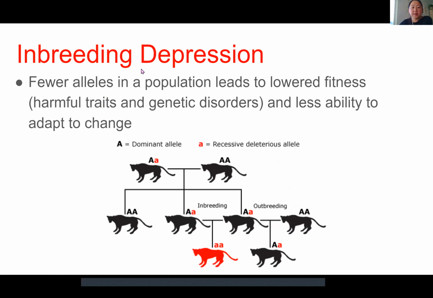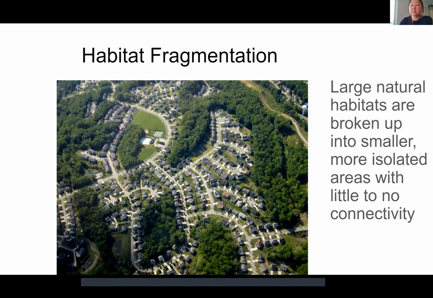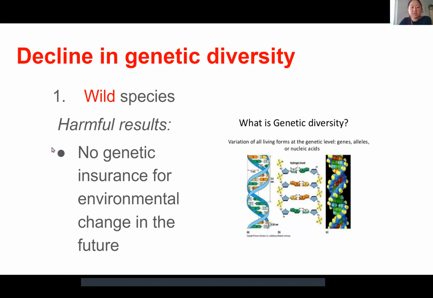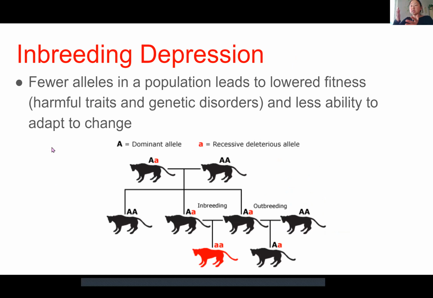All right. And then also when something like habitat fragmentation happens, you have an organism that exists over here that only interacts with organisms that exist here, and then there's another one over here. So what happens when you cut a population into these small groups is inbreeding depression.